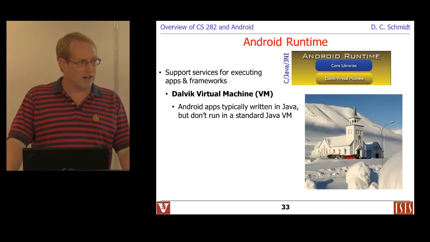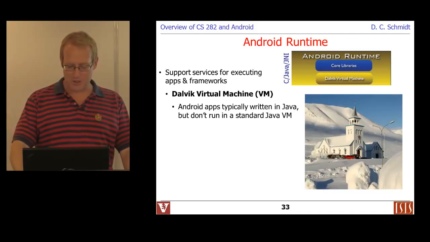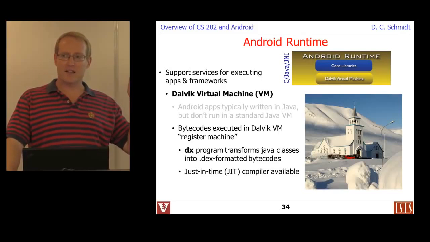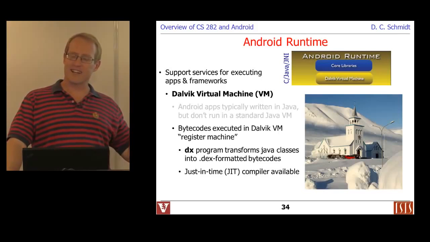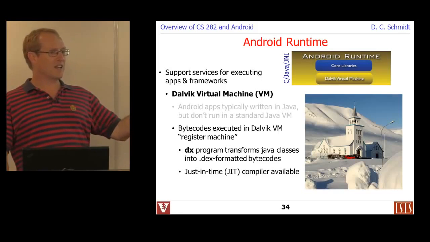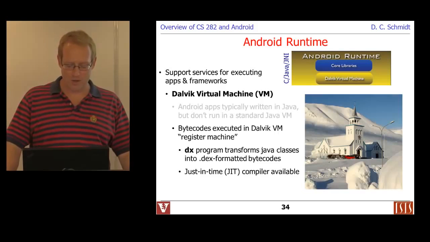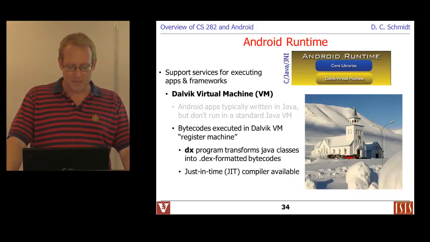They run in their own virtual machine, called Dalvik. They take bytecode written in Java bytecode and convert it into the format that's run in the context of Android, called DEX, which stands for Dalvik Executable.